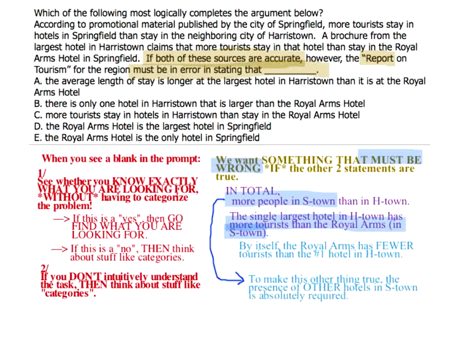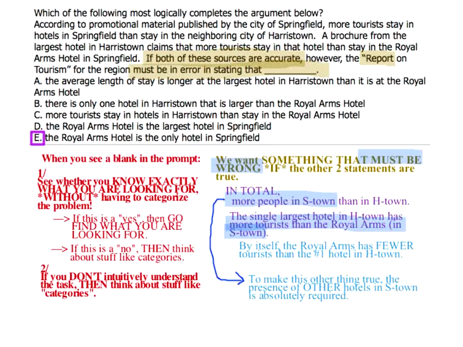Because if the Royal Arms is the only game in town, then you can actually find one hotel in H-town that literally had more people than everybody in Springfield. So that means that E is the thing that is impossible. So yes, this is from GMAT.